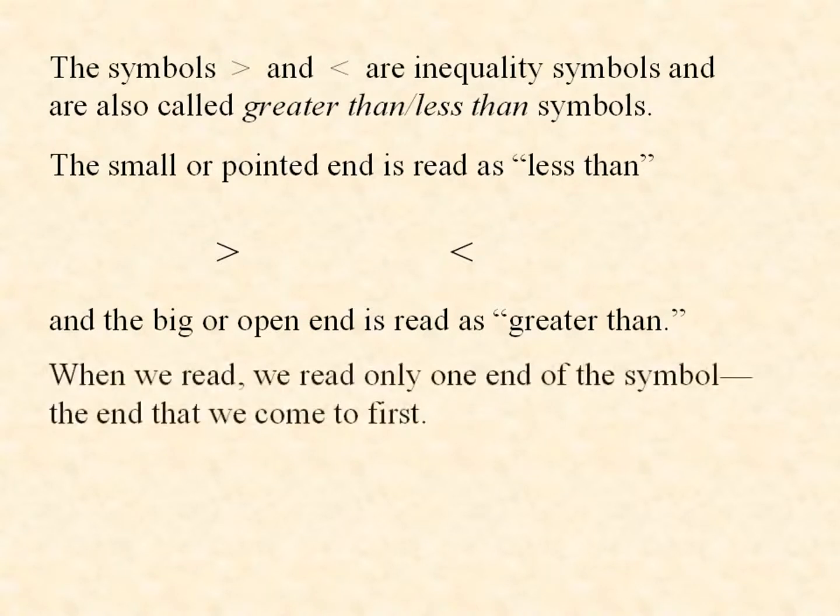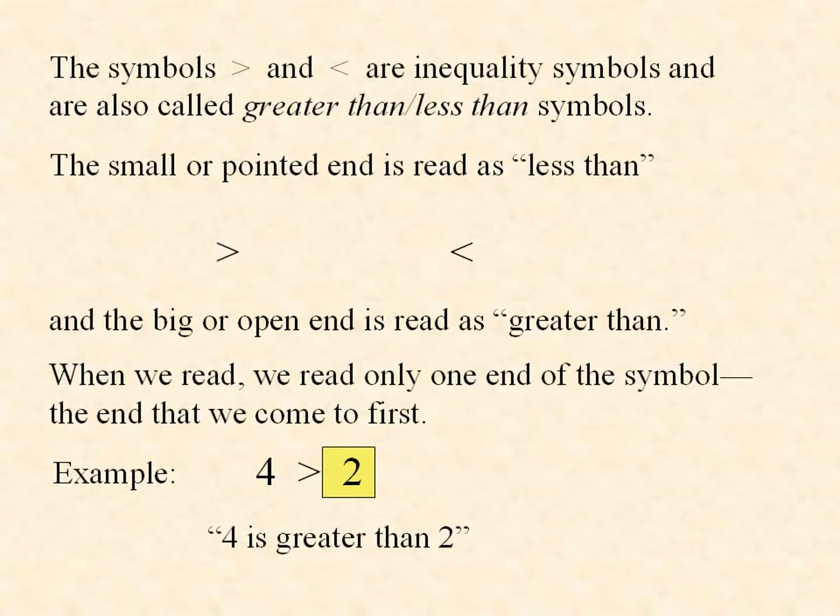We read only one end of the symbol, the end that we come to first. For example, if we read this from left to right, it says 4 is greater than 2. If we read it from right to left, it says 2 is less than 4.